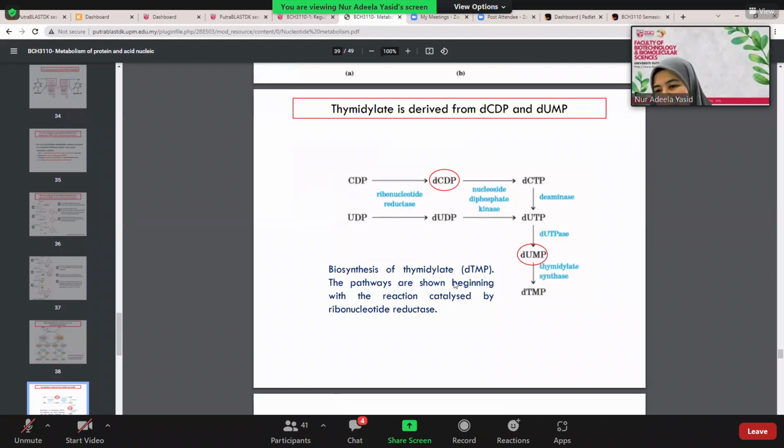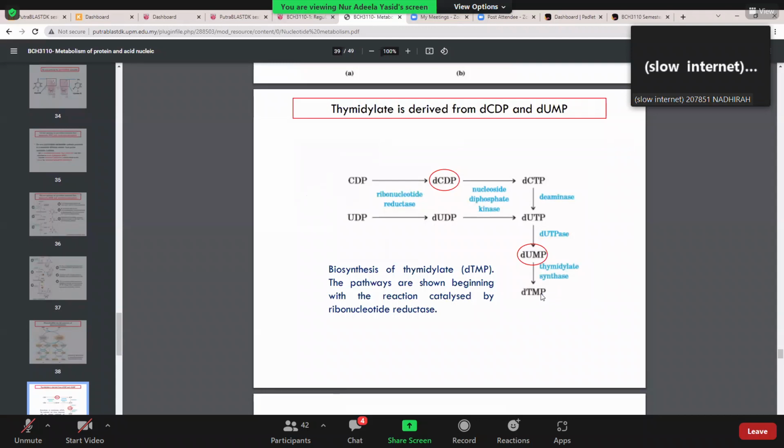This synthesis of thymidylate, or DTMP, is because thymidine is the nucleotide that is present dalam DNA kan. That's why kita synthesize dia dalam DTMP.